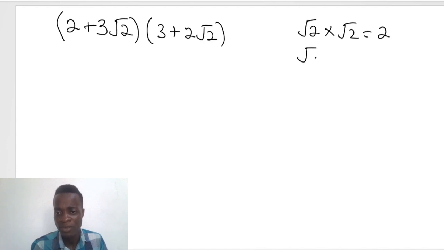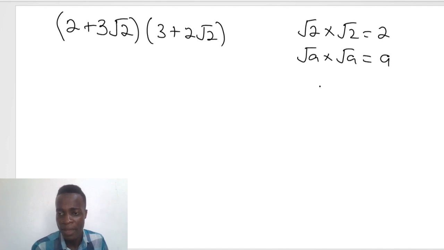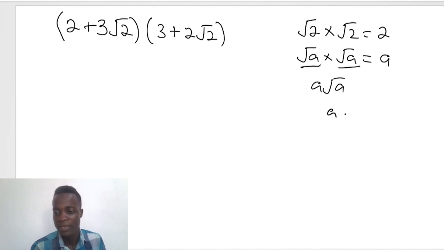Basically, when you have the square root of a number multiplying itself, we are going to have that number. I'm not talking about a root a. A root a is different. The square root of a multiplying the square root of a is not like a times root a, which you then say is equal to a. It doesn't happen. So they should be the same, like the square root of a multiplying the square root of a.